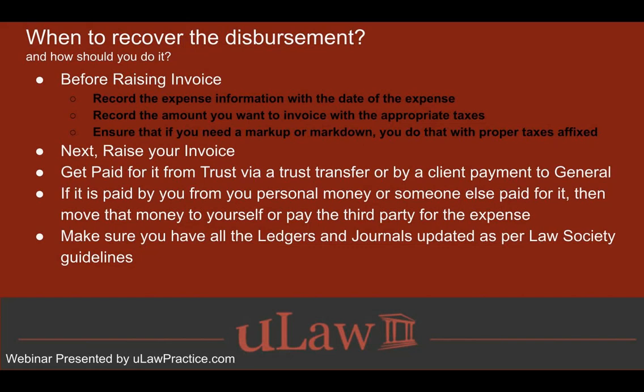So it's very important to record the disbursement, raise invoice, transfer money, pay yourself. There are 4 steps involved in here. So that's why we always say follow your bank. When you follow your bank, there is no way you will get lost. Just make a duplicate or a replica of what happened in your bank.